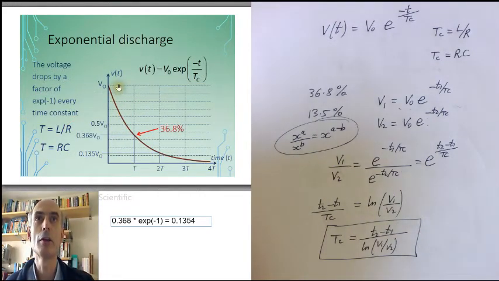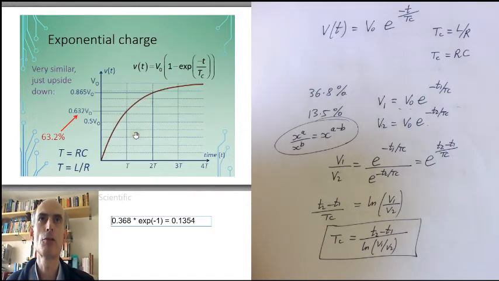So we could think of the discharge characteristic as dropping by 63.2% of the way to its final value after every time constant, just as we can think of the charge as rising to 63.2% of its final value after every time constant.